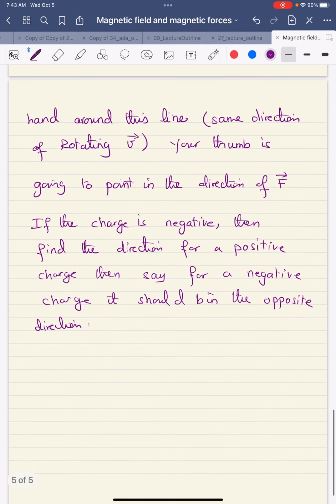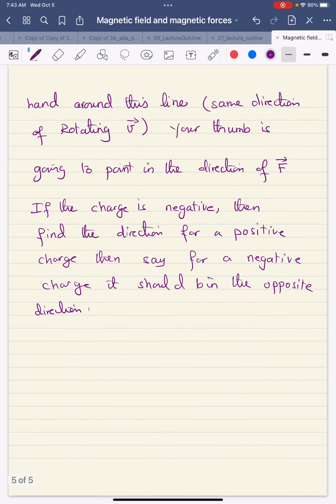Also, I want to review here with you, I can sometimes have V as Vx i plus, like in components, Vy j plus Vz k, and the magnetic field B as Bx i plus By j plus Bz k.